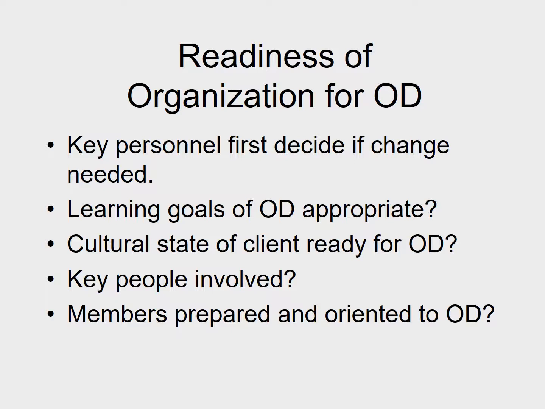So what do we need to do to actually make OD work? What is the cultural state? Is that the first intervention that I'm doing? What are the key people that are going to be actually doing this intervention? And are those individuals actually prepared and oriented to the OD model? So again, we're moving from just the hypothetical, what is the situation, to the first phases of talking about what interventions are needed and who is going to be doing them.